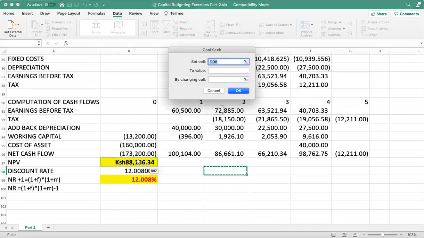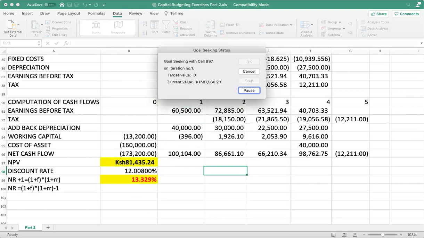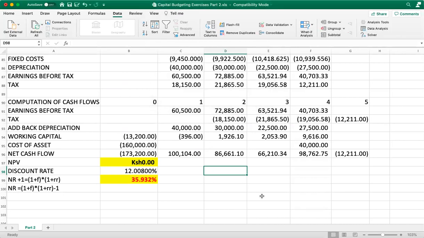So you say, I want my NPV to value 0 by changing my discount rate. So we can tell what the IRR of this project is. The IRR of this project is 35.9%. So if you are generating your discount rates, you have to generate from 0 to beyond 36%.